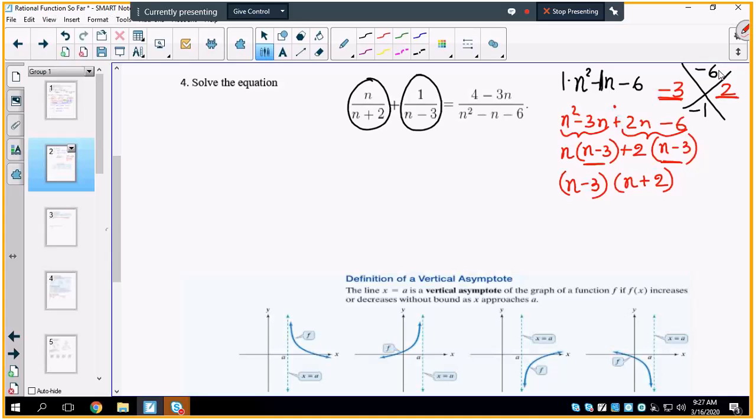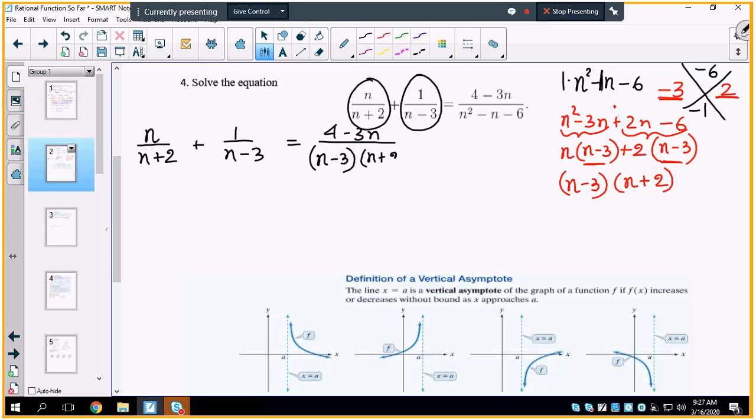So let's go back to our original problem. Now I will say it's n over n plus 2 plus 1 over n minus 3 equal to 4 minus 3n. And instead of writing down n squared minus n minus 6, I will write down n minus 3 times n plus 2. This is what I wanted.